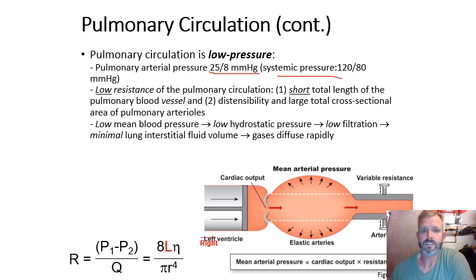There's very little resistance, and we can push through. That gives it low resistance, and now we can move blood through there very quickly. We can have that very high flow. So low pressure, high flow allows us to match the right side with the left side of the heart.